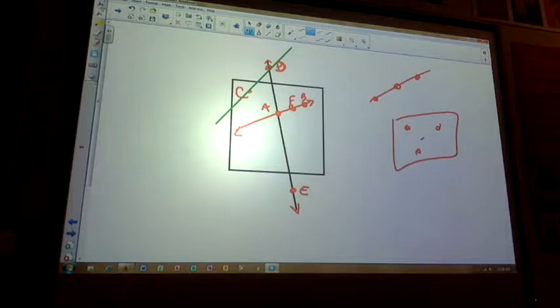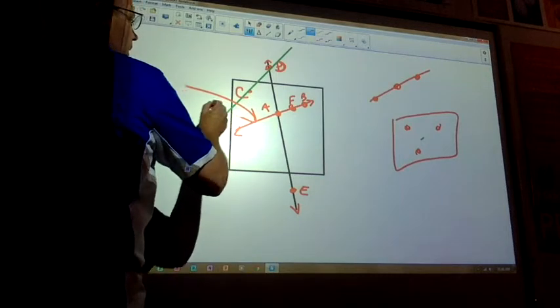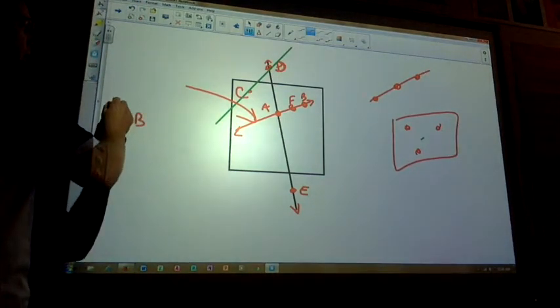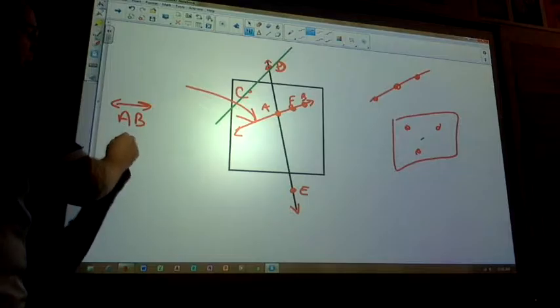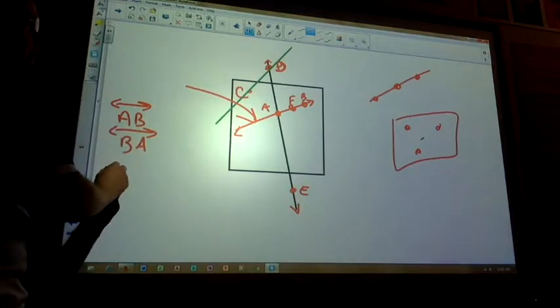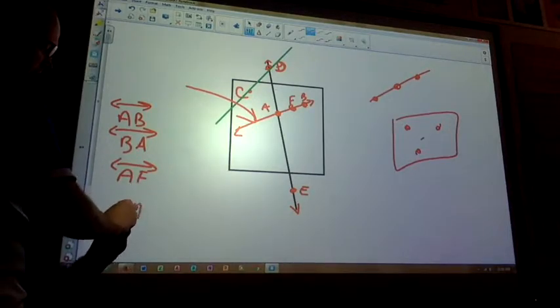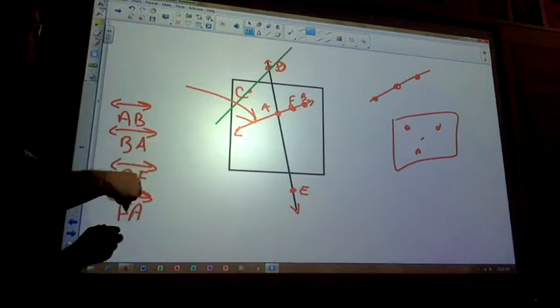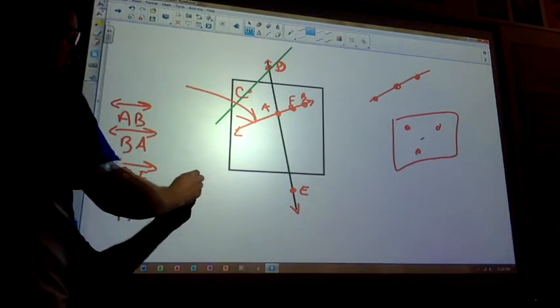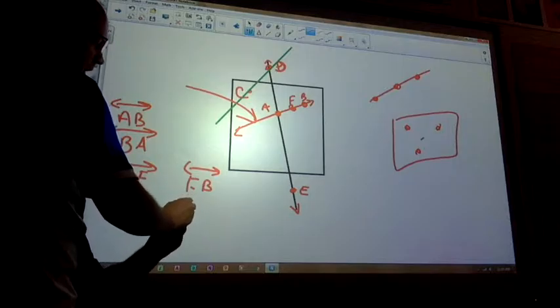So when it asks like give another name for FB, line segment FB, does it mean like what it would be considered, like collinear or coplanar? Oh no, so if they're looking for another name, so this line right here, I could name this AB, BA. I could name it AF. I can name it FA, and then even FB and BF.